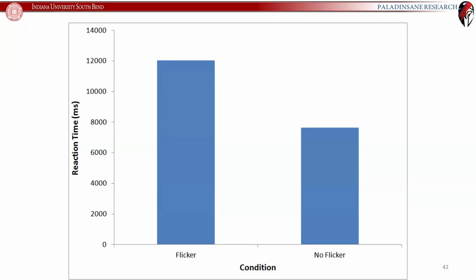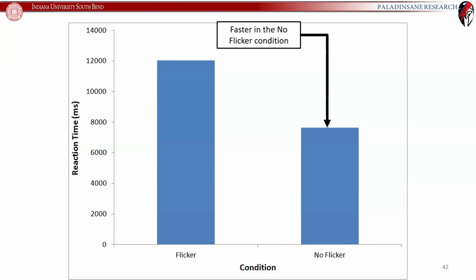So not only are we more accurate in the no flicker condition, we are also faster, which basically is a way of saying we are way, way better in the no flicker condition. In the part where the images are just alternating without anything in between, we are much, much faster and more accurate at noticing those changes that occur in the environment.